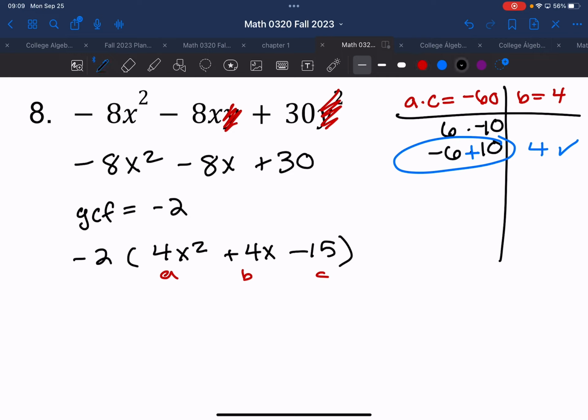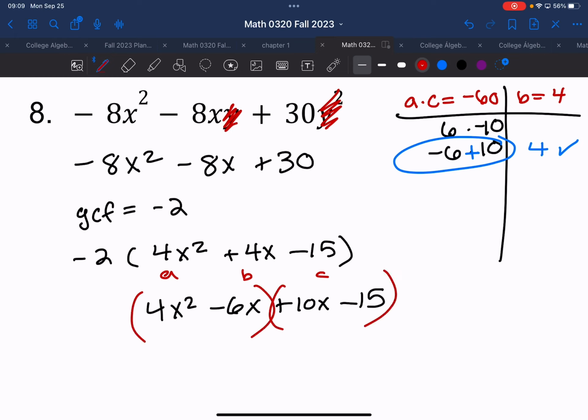Okay. So rewriting this, I have 4x squared minus 6x plus 10x minus 15. That was me expanding my middle terms. Now that I have 4 terms, I put them in parentheses and start taking out the GCF from each one.